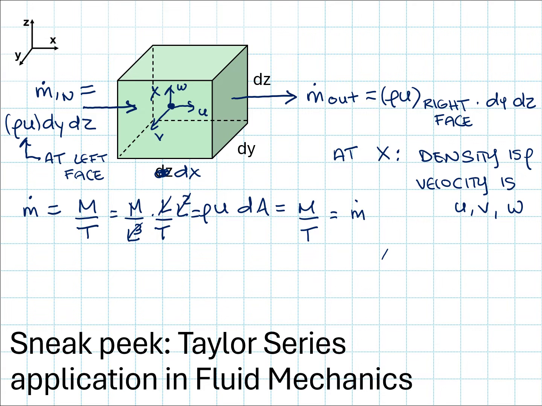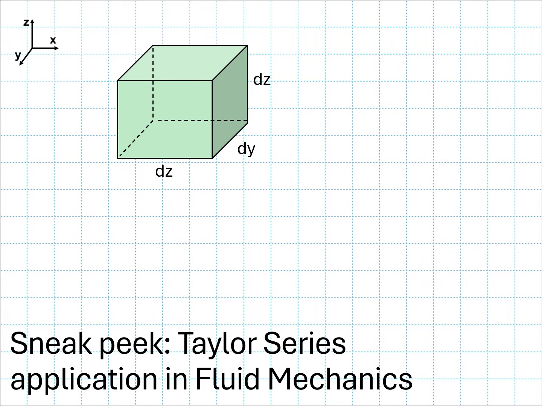I've just gone this little distance, like half of dx, from where my point x is to my right-hand face. That's only a distance of dx over 2. But I still don't know exactly what density and velocity are, so how can I estimate what the mass flux is? Well, here is where I can bring in my Taylor series expansion to help me.